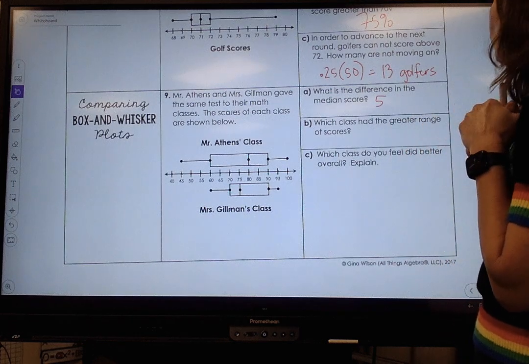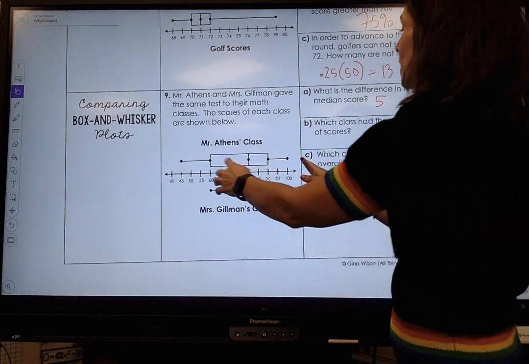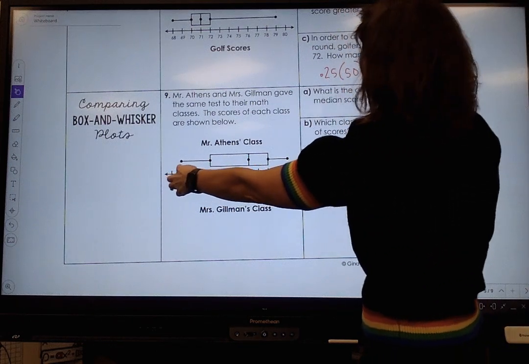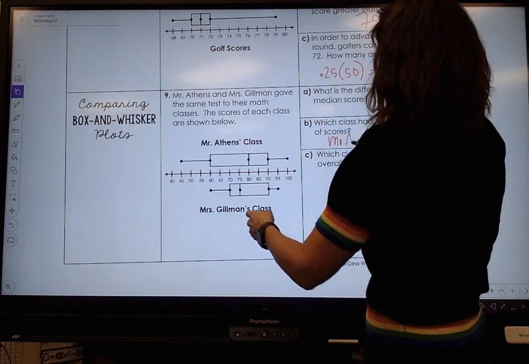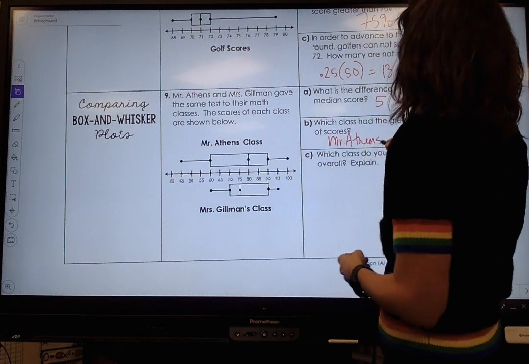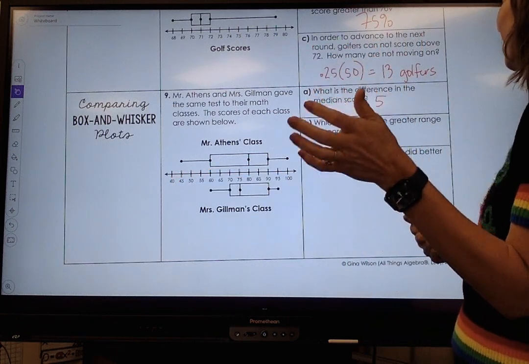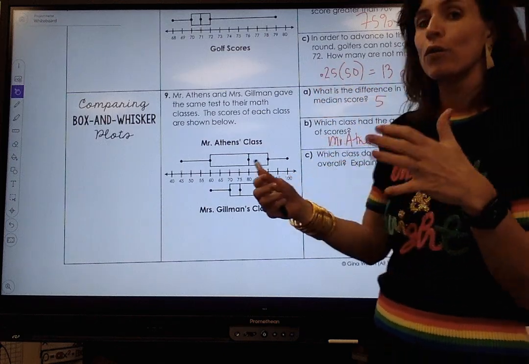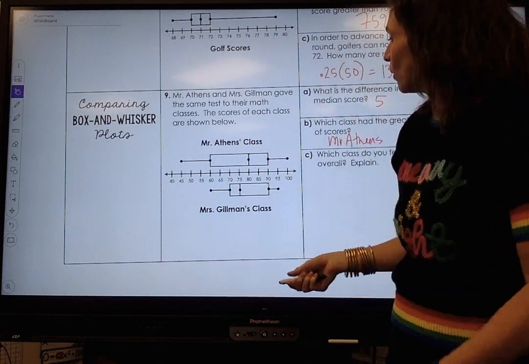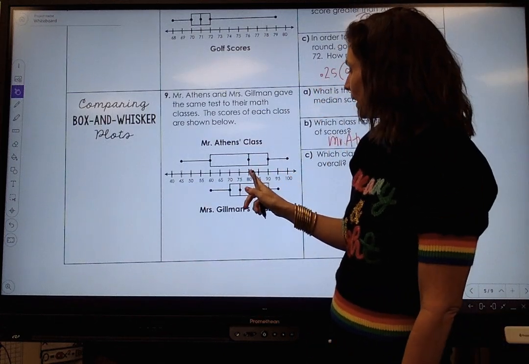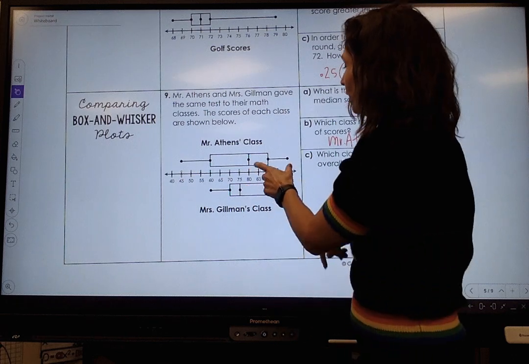Which class had the greater range of scores? Mr. Athens went from a 45 to 100, so Mr. Athens had the greatest range. But what class do you feel did better overall? Well, looking at it, you would think, oh, well, his median is an 80, and they got 100.